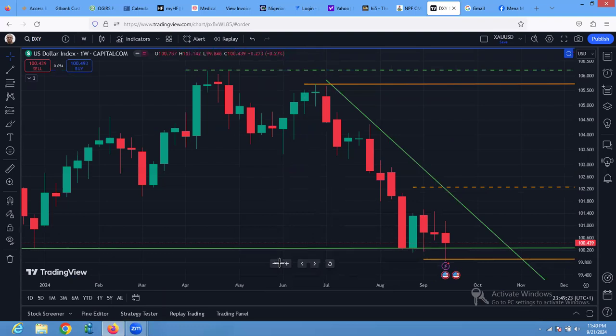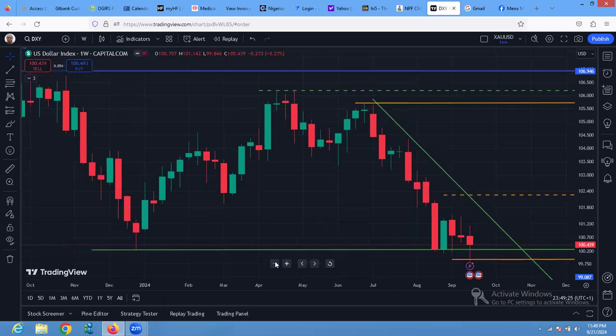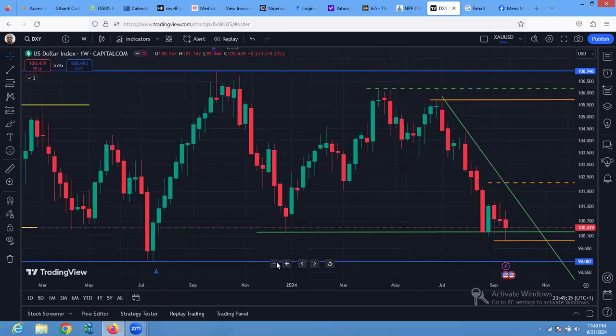Now, on the weekly time frame, we are seeing this, like I said, as a possible ABC structure. That is an A, B, and a C structure. And the C structure of that B would also be a motive. The last wave would be a motive.